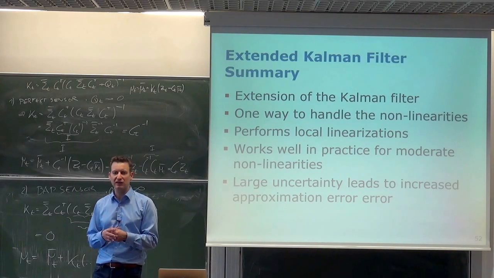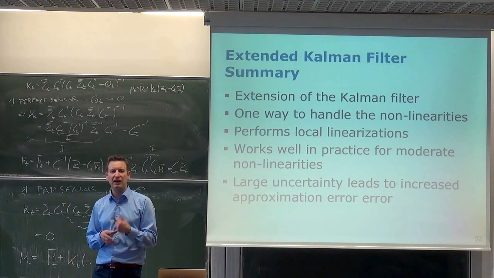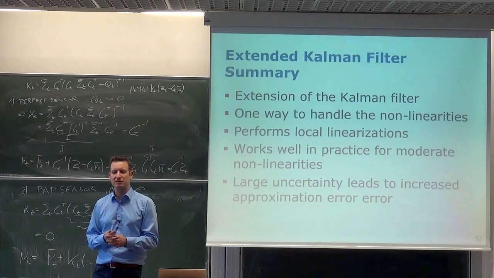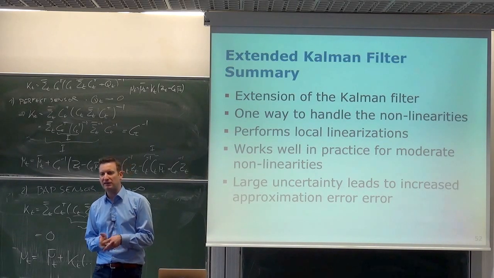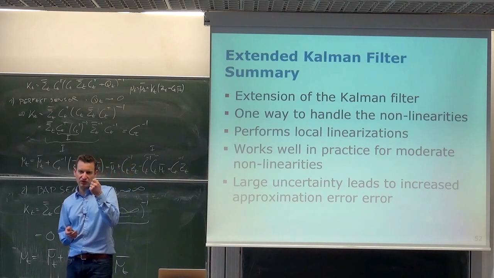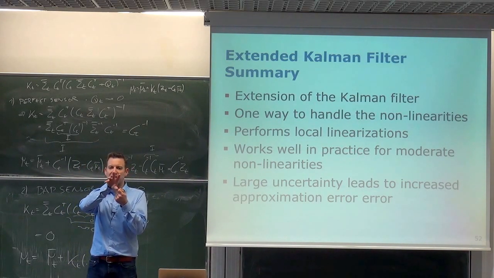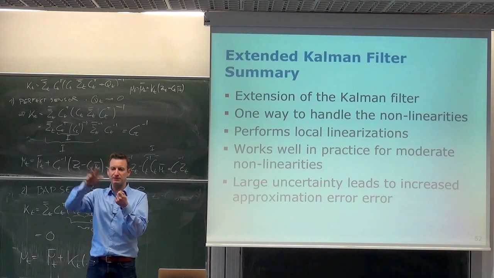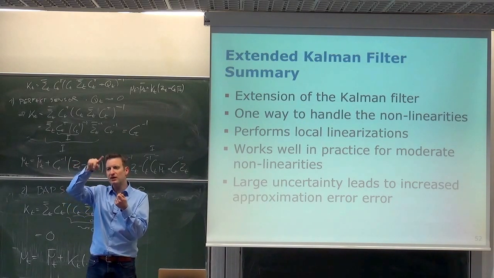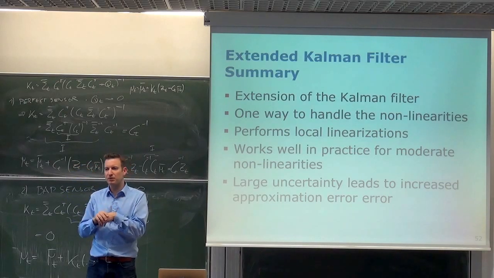There are things like the unscented Kalman filter, which uses the unscented transform to estimate how the Gaussian would change under a nonlinear function. It doesn't take one single linearization point, but distributes a couple of points, let's say, within the uncertainty ellipse, and then transforms all the points individually through the nonlinear function and computes again a Gaussian from the transformed points.